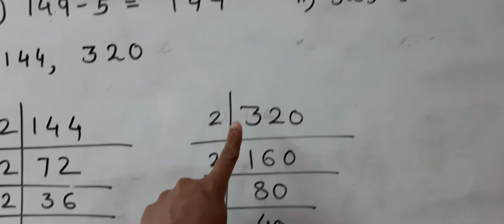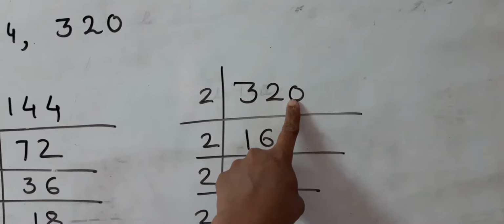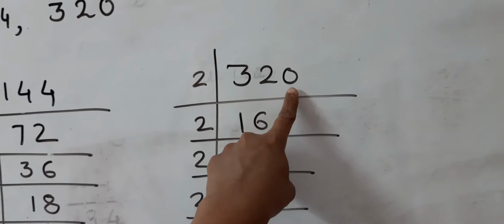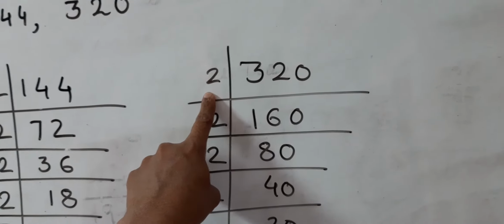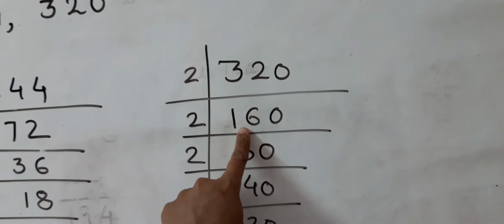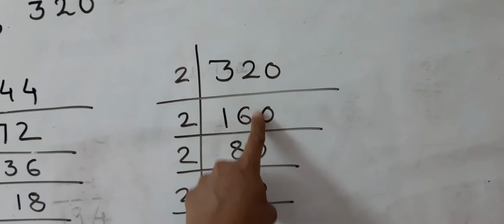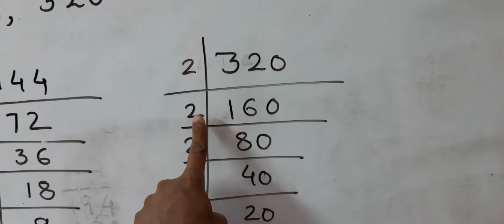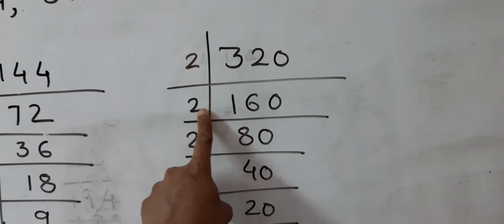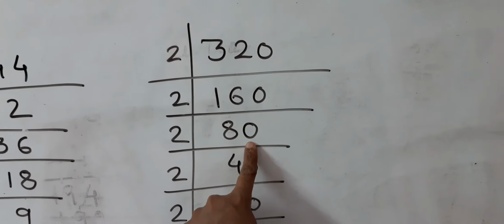Now we will find the prime factorization of 320. As it is an even number, we will always divide first with 2. 320 divided by 2 is 160, then again by 2 is 80.